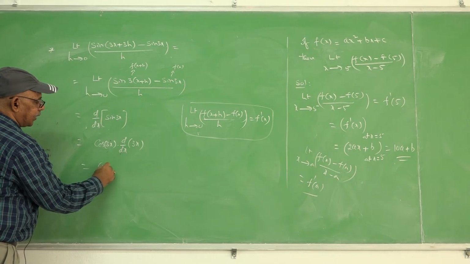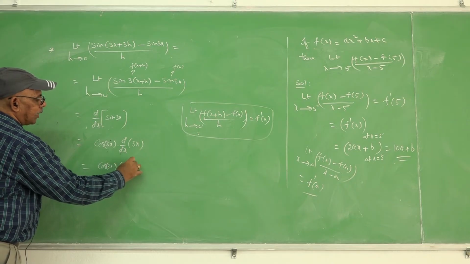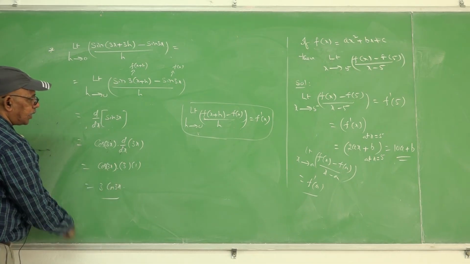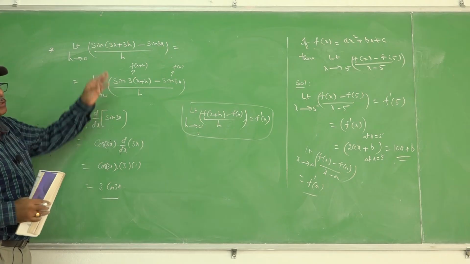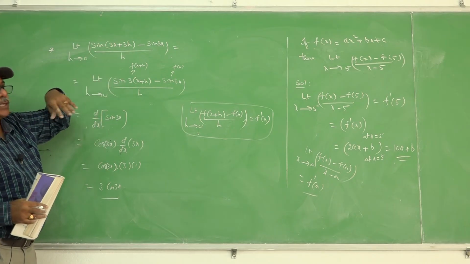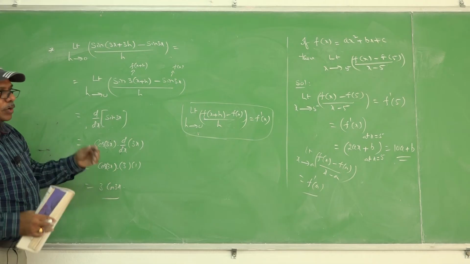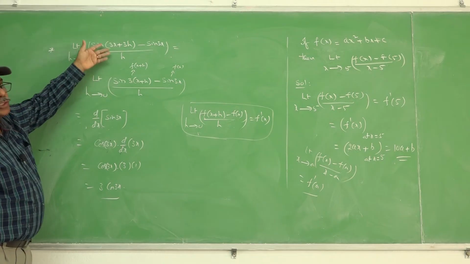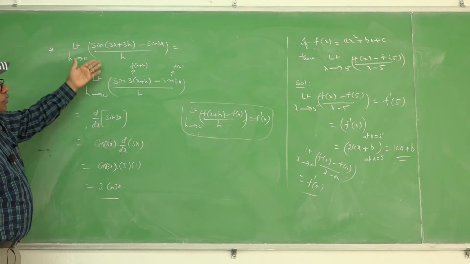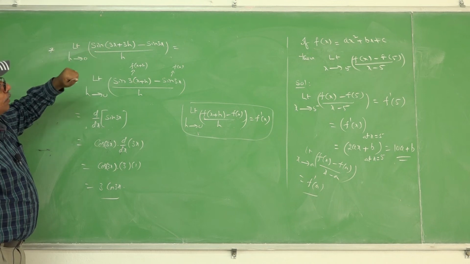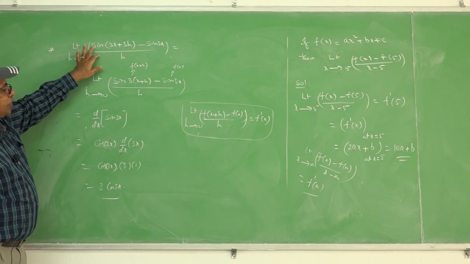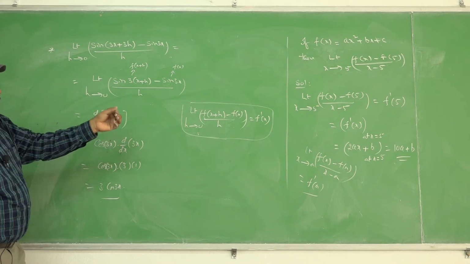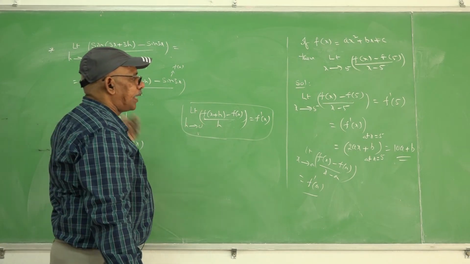The derivative of 3x is 3 into 1, so this is 3 cos 3x, the required limit. If you consider the limit straight away, it takes the 0 by 0 form. You can remove that indeterminate form and evaluate the limit with the help of the derivative here. Just by applying the basic definition of the derivative, you are able to find the limit.